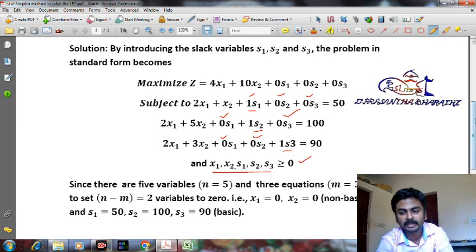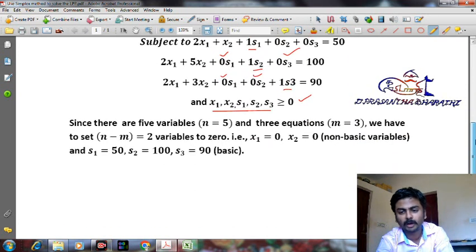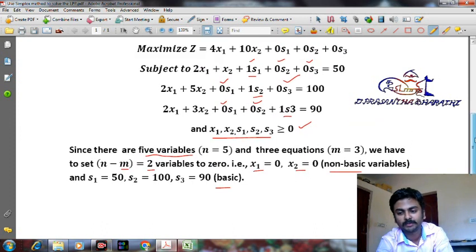Now the number of variables is 5 and they are x1, x2, s1, s2 and s3, and all of these are greater than or equal to 0. Now we want to find the basic variables. So how to find the basic variables? We take the number of variables n minus the number of constraints m, that is 5 minus 3 equal to 2 variables. So we have to set 2 variables to 0, that is x1 equal to 0 and x2 equal to 0, and we call these the non-basic variables.